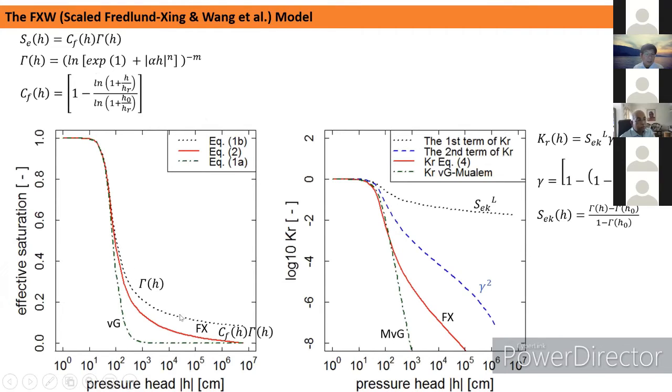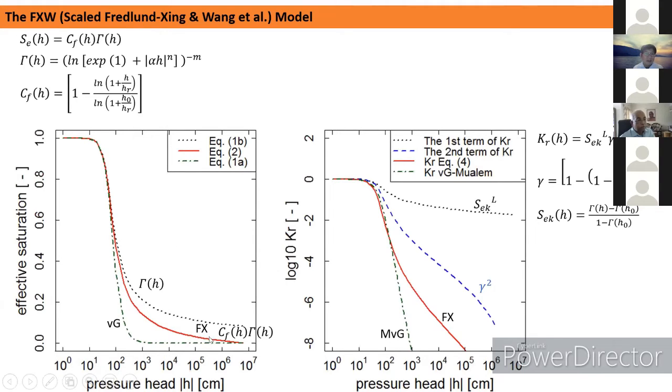So using that, we can see that this is the Van Genuchten model, where the effective saturation dropped off very quickly. And the hydraulic conductivity also dropped off very quickly because it doesn't model the film flow. While the newer model, we call it the FX model, because it's due to Fredlund and Xing, and the conductivity is due to Wang.